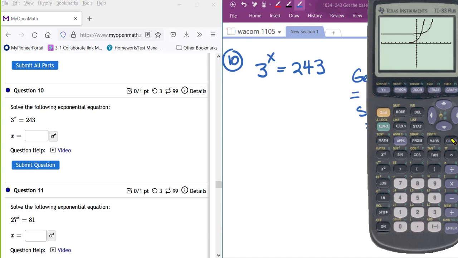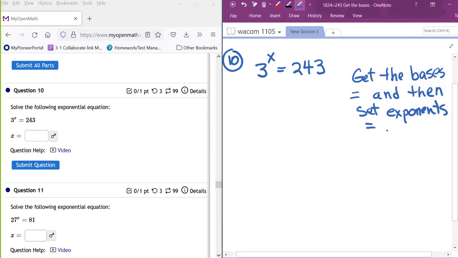And so we'll clear this out. We'll just try things. So let's try 3 to the 4th, I think, is 81. All right, so we need to go higher. So 3 to the 5th, these get big really fast, is 243. So we're going to rewrite this. Keep this side.